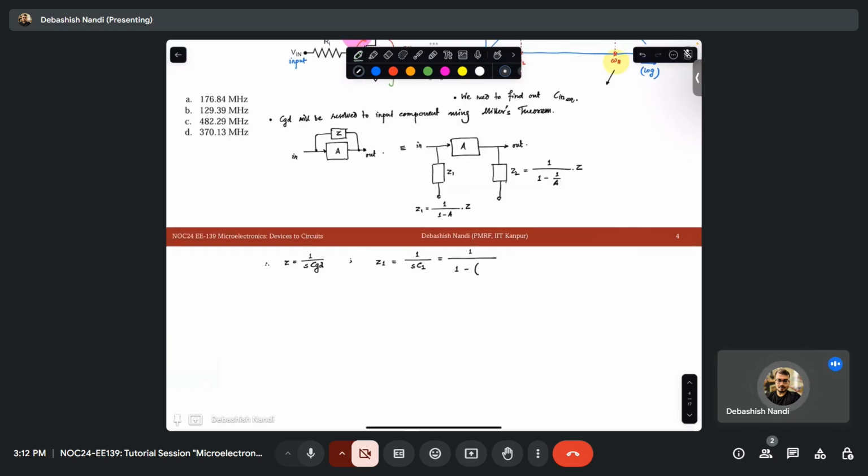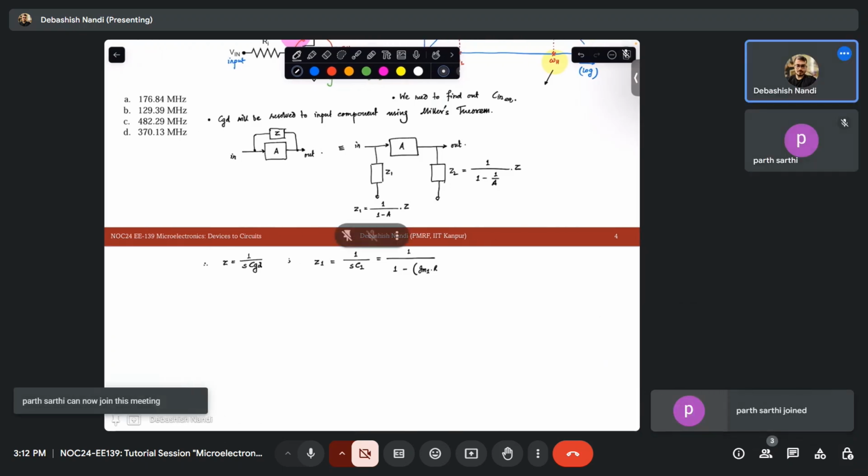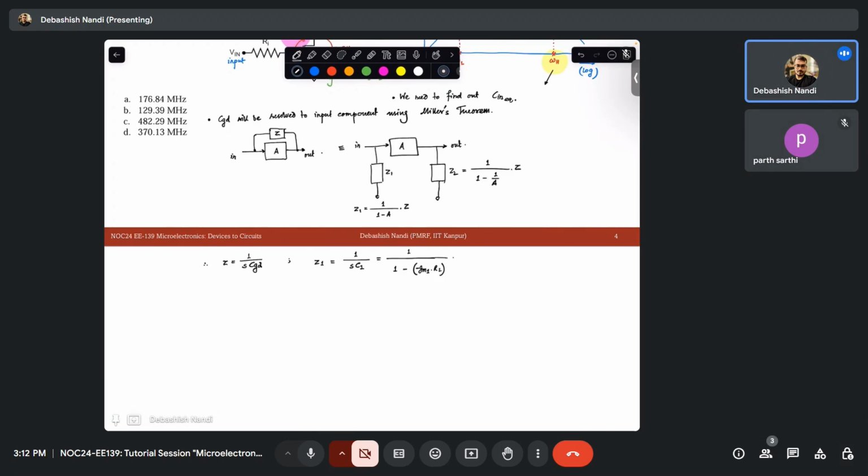So this is GM1 times RL, and minus of that times 1 over SCGD. Fine. So your C1 becomes CGD times 1 plus GM1 RL.